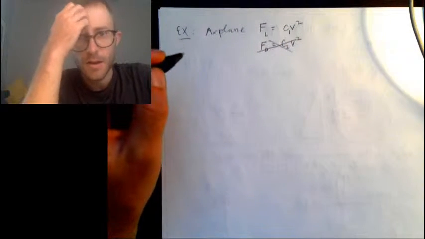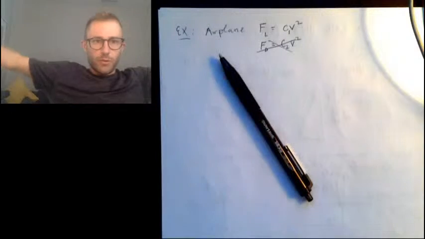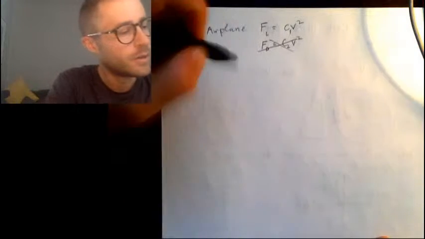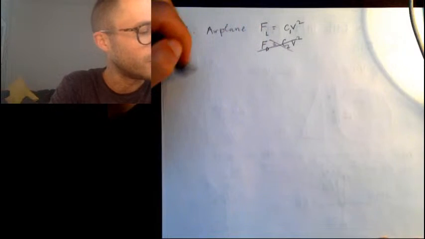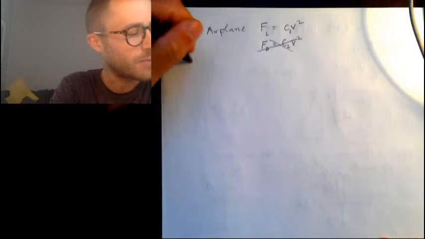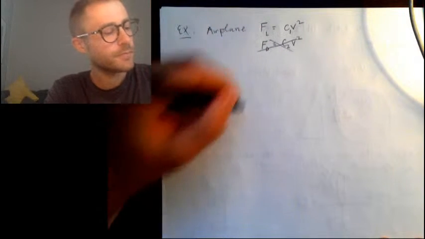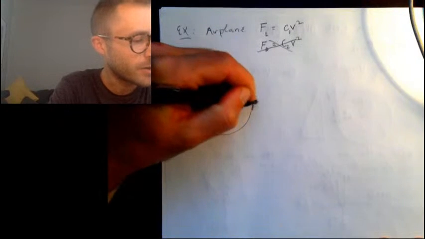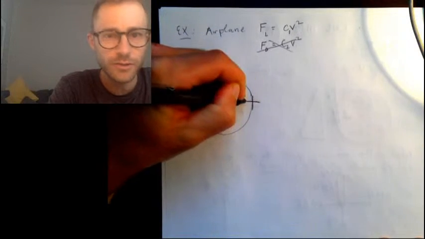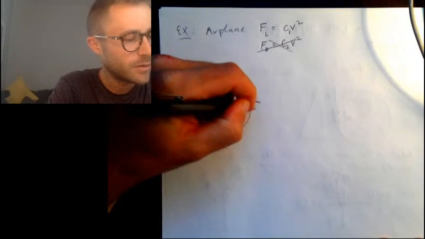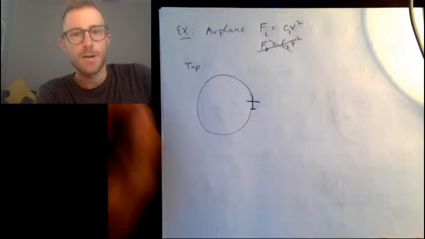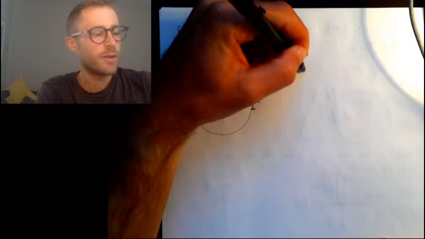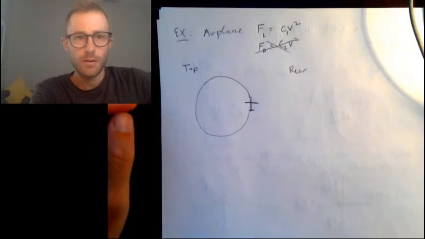The lift force points perpendicular to the wings of the airplane. So let's suppose we're looking at a top view of the airplane. The airplane's going in a circle. Here's the airplane, here's its wings.